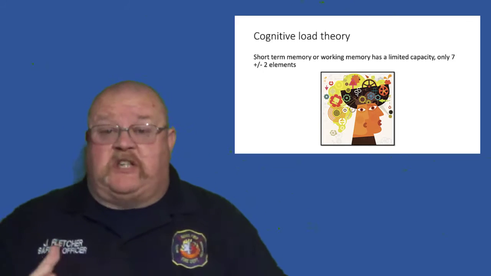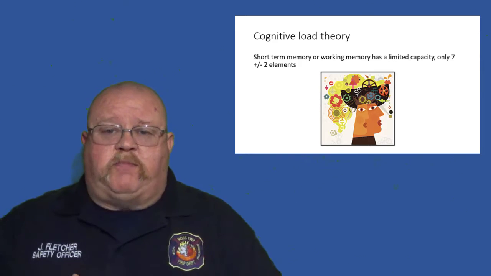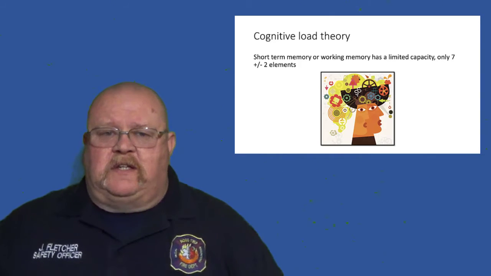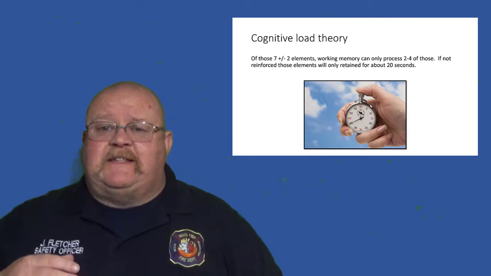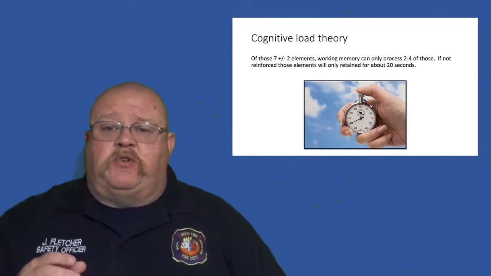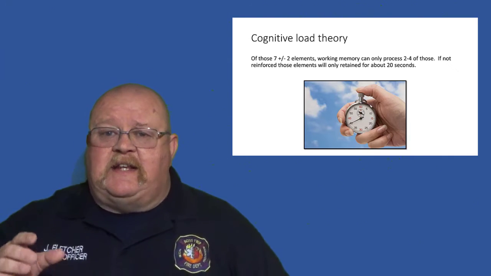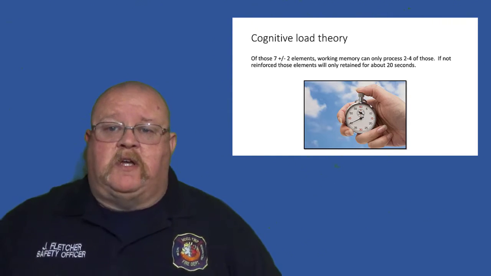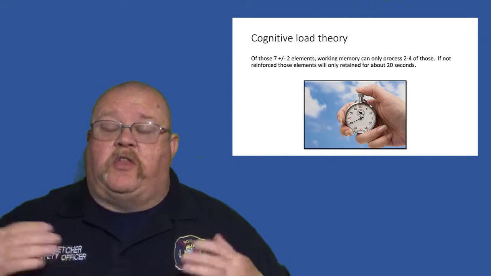Now, for assumptions. The first assumption is that short-term memory can only process about 7 elements at one time, and theorists say it's plus or minus 2. You can only process 2 to 4 of those elements, and they will only stay in your short-term or working memory for 20 seconds if not reinforced with other learning.